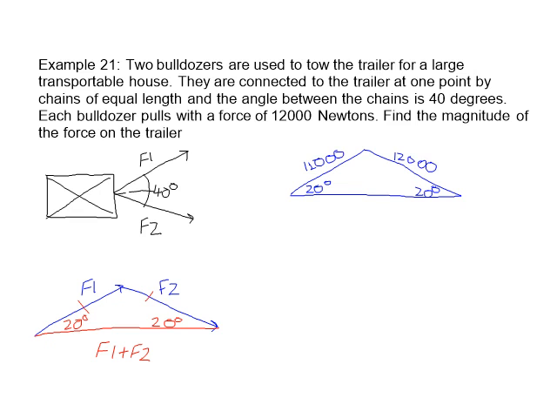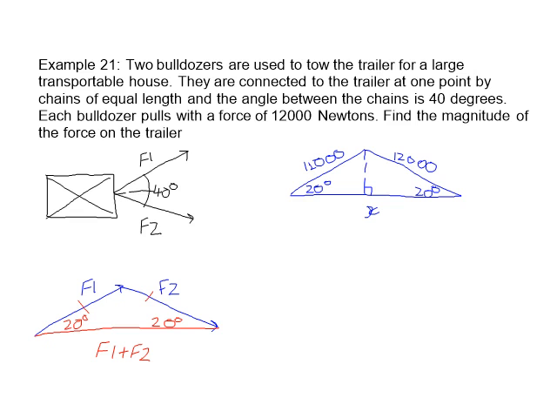And what we can do to help us find down here x, well, if we cut an isosceles triangle in half, we're left with 2 right-angled triangles. So, a right-angled triangle, and we've got an angle and a side.